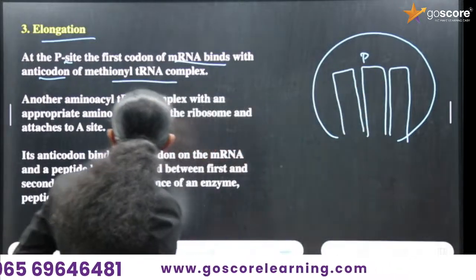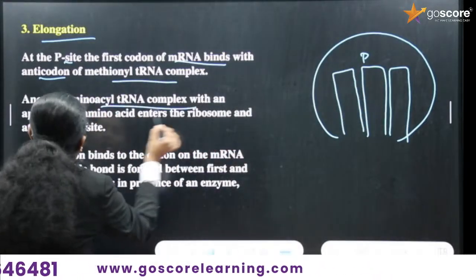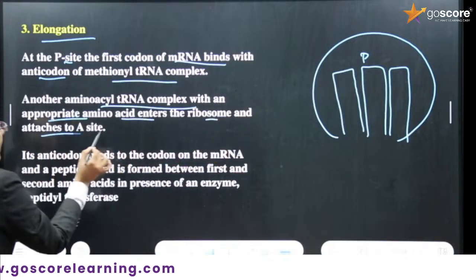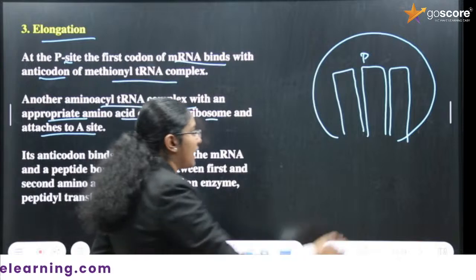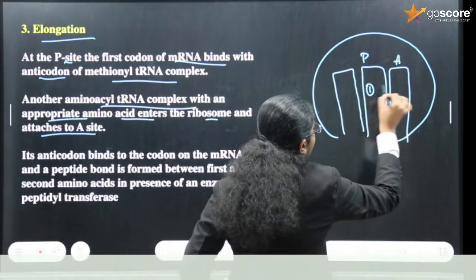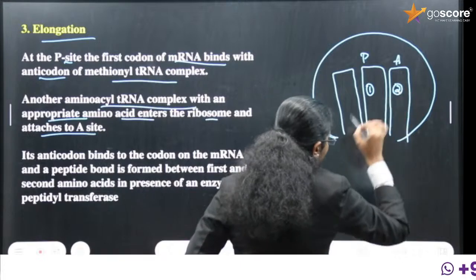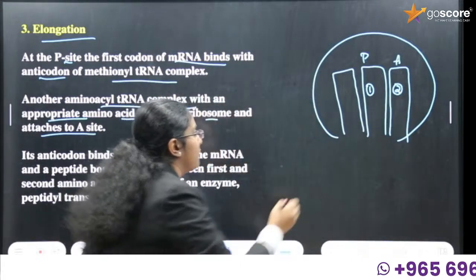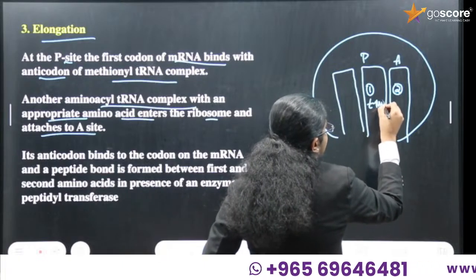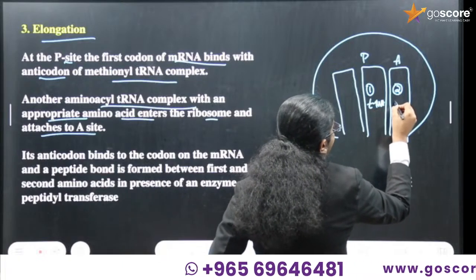Then what happens? Another tRNA complex with an appropriate amino acid enters the ribosome and attaches to the A site. So the second step is: there is the first tRNA here, and the second tRNA is present here now. The first tRNA is present at the P site, the second tRNA is present at the A site.